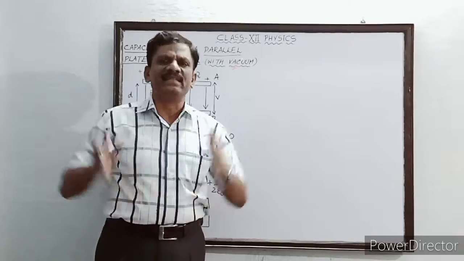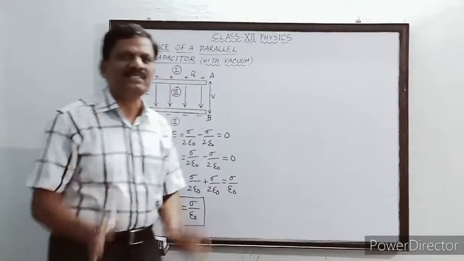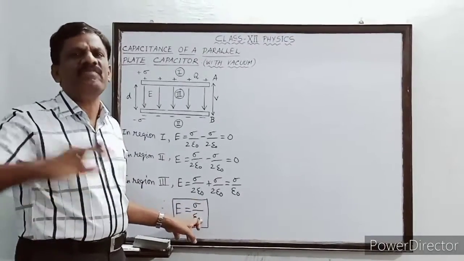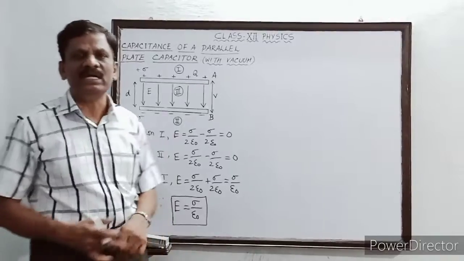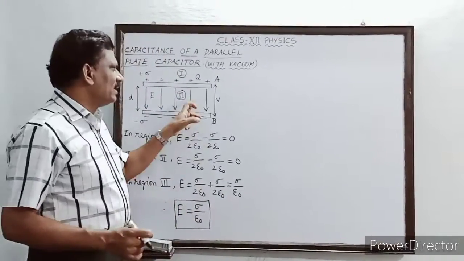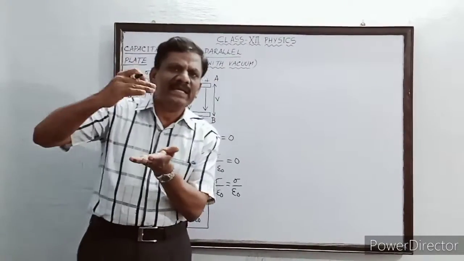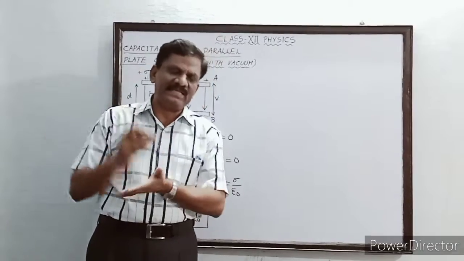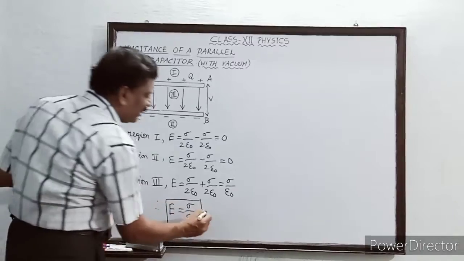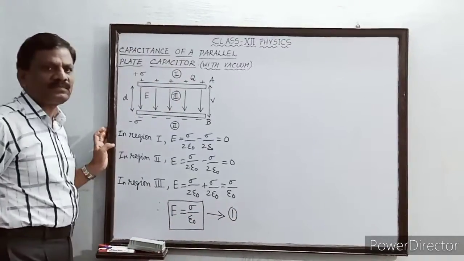In such a case, the fringing effects can be ignored, and we can assume the electric field E equal to sigma by epsilon naught is uniform everywhere inside the space between the two plates. Also, the medium considered here, intervening between the two plates A and B, is vacuum. So the electric field E is equal to sigma by epsilon naught, and this is equation 1.